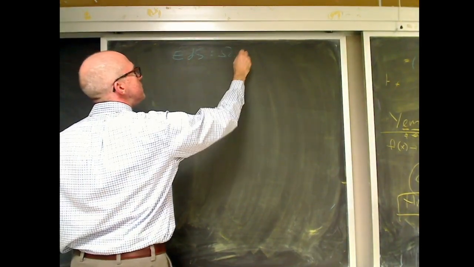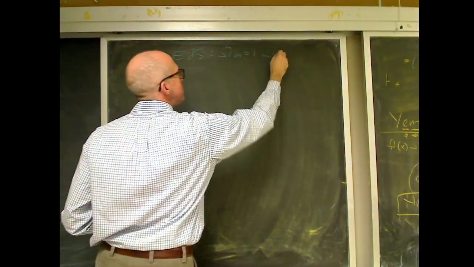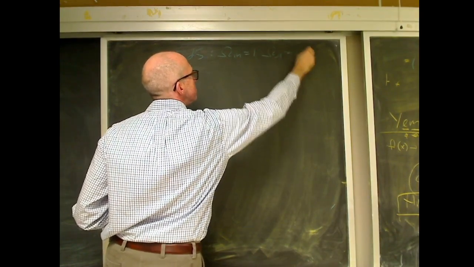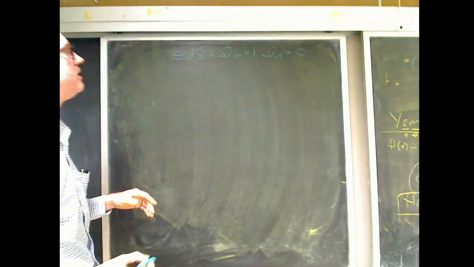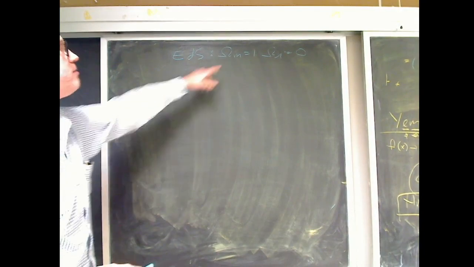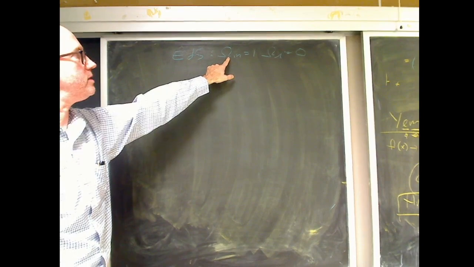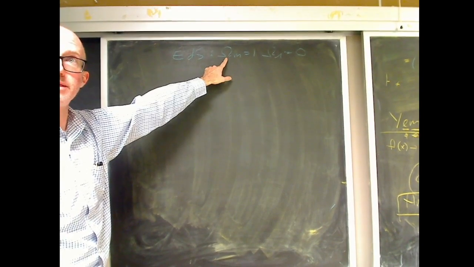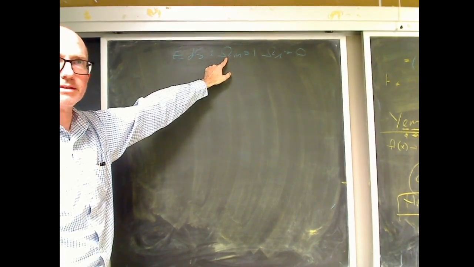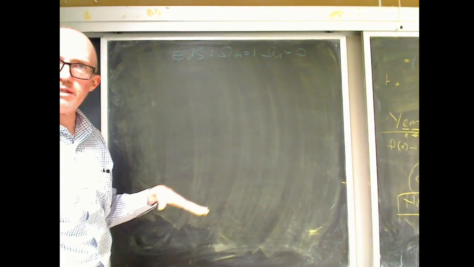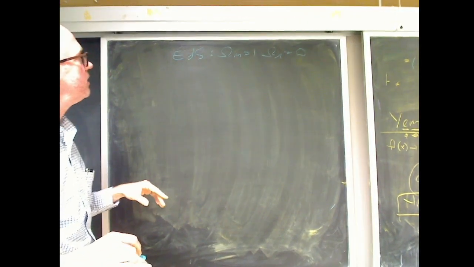Okay, so EDS says that omega matter equals 1 and omega lambda equals 0. We're all happy with what omega matter means before I go too far. So this is the energy density in mass, all the gravitating things, divided by the critical density of the universe.